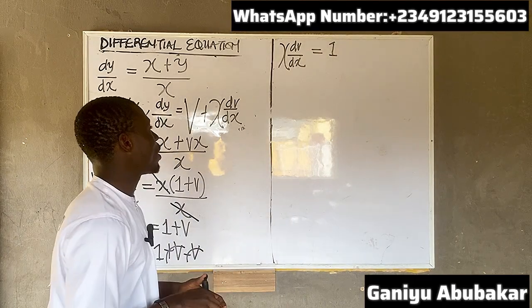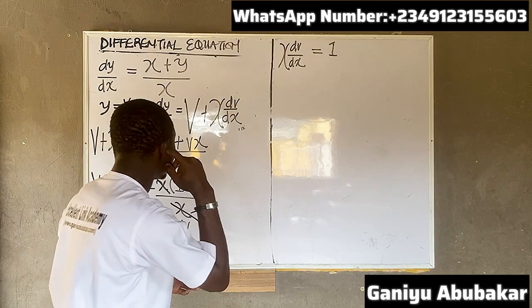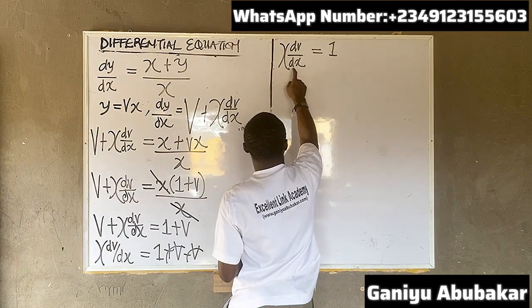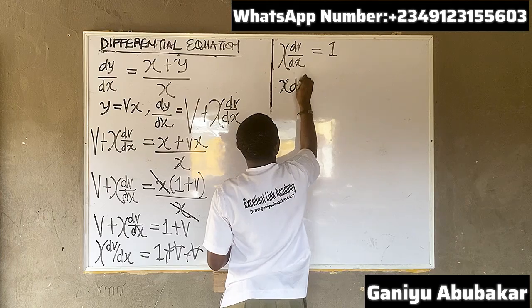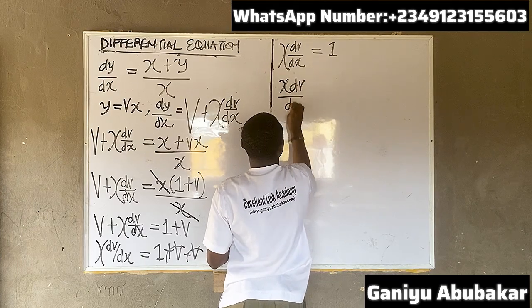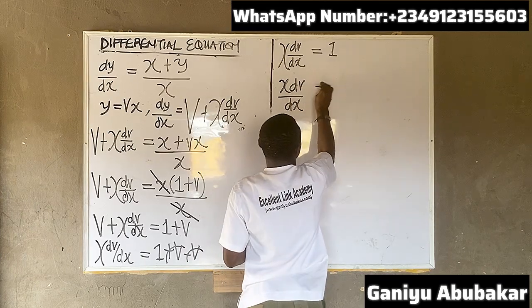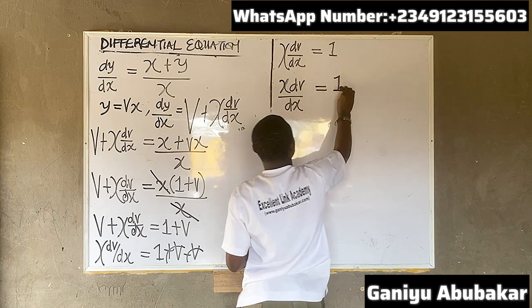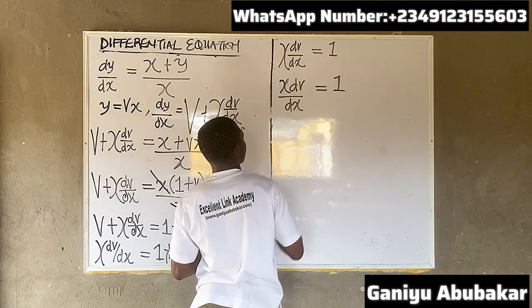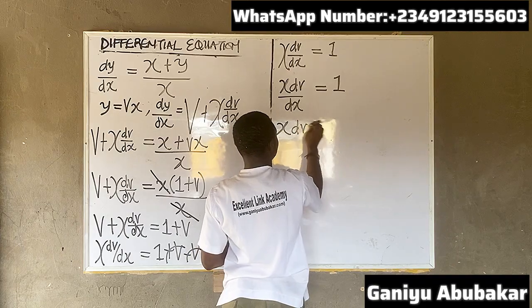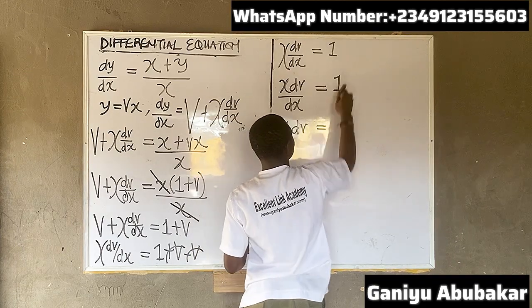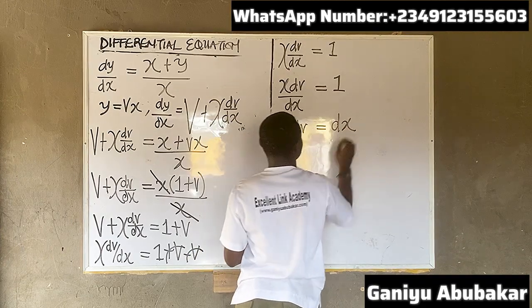From here, what next? If I want to, I'll just simplify this one here. I said last class that to simplify this, take it as x dv over dx, which is equal to 1. Take the x here, that gives you x dv equals, the x times 1 gives you dx.